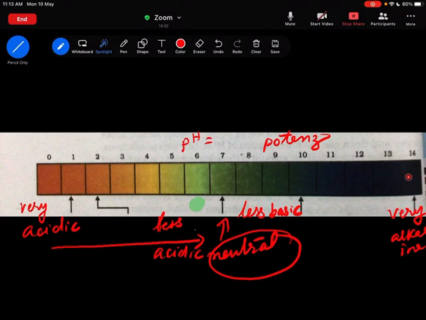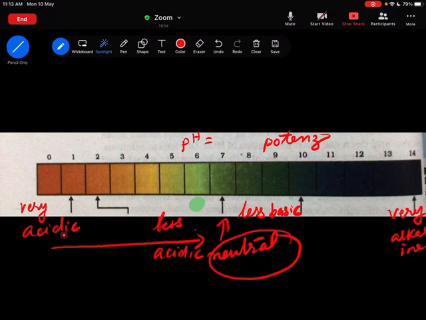For any solution you take, H plus ions are there, OH minus ions are also there. Suppose OH minus ions are very high, that means H plus ions are very low. Suppose H plus ions are very high, that means OH minus ions are very low.